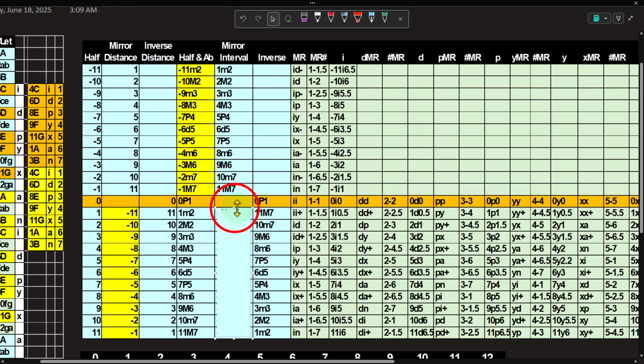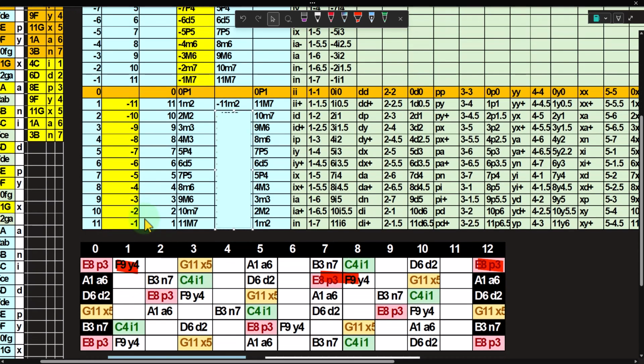So over here, I can add the mirror inverse into our list column wise. So if I went 1 forward, I can think of the mirror distance as 11 backwards, or the inverse distance, which I'm imagining from the other location. In other words, oftentimes if I'm thinking this way, if I go from this G, let's go to this G again, to this C, then I'm thinking I'm going forward this way, right?